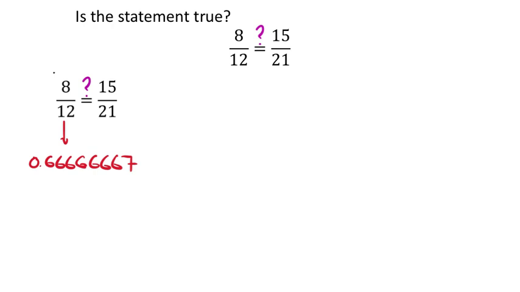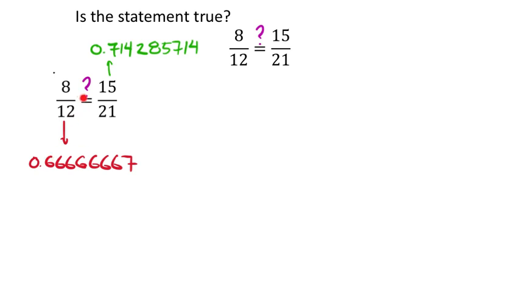And for the 15 over 21, I'll put this above because I ran out of space, but I got this other ugly decimal, 0.714, 2857, 14, okay?